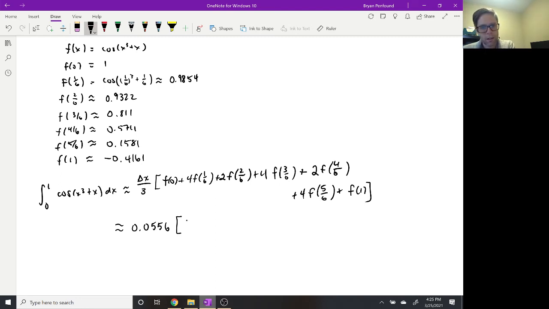And now I'm going to start calculating these weighted numbers. So obviously f at 0 is still 1. We have to multiply this first number by 4. Okay, second number here, or well, I guess third number multiplied by 2. All right, so next number, 0.811 times 4.